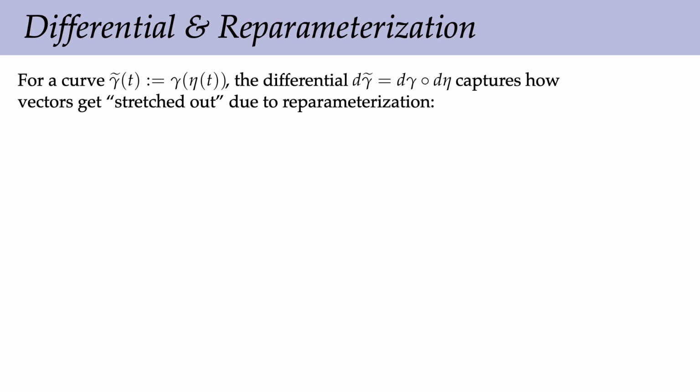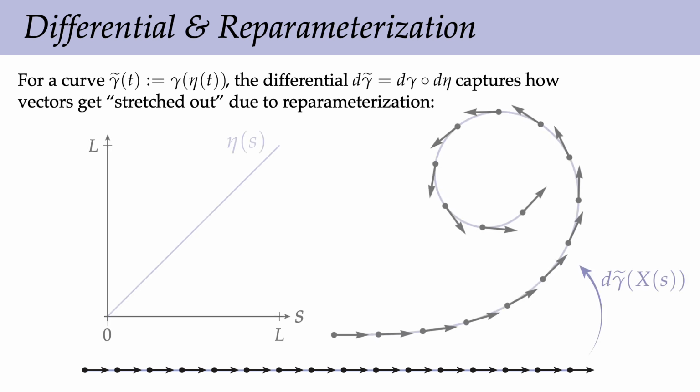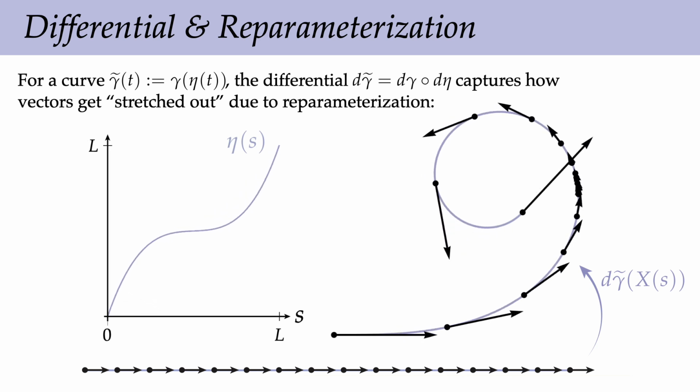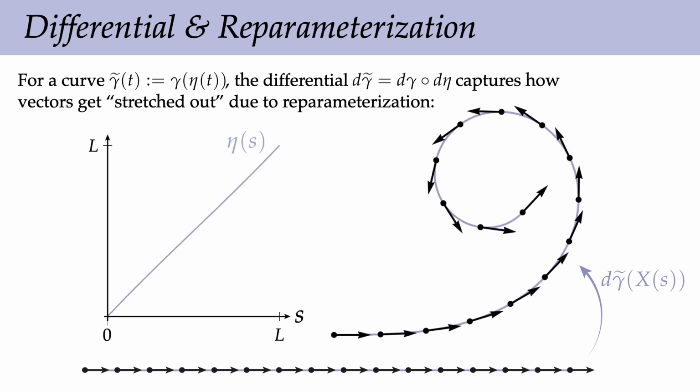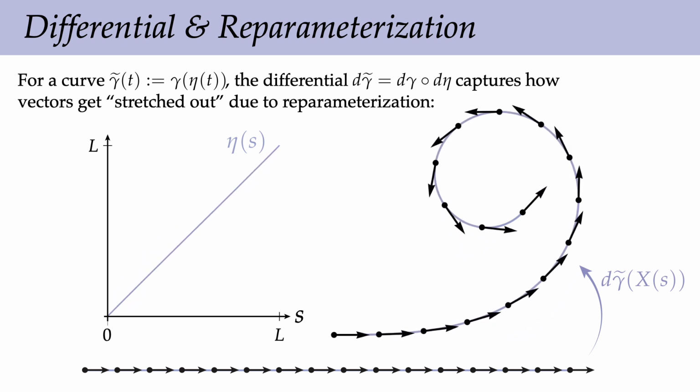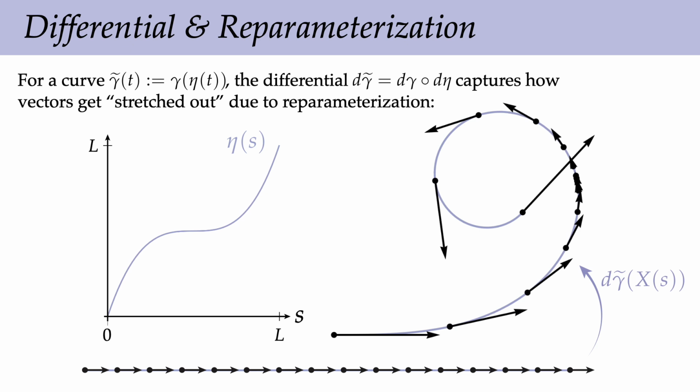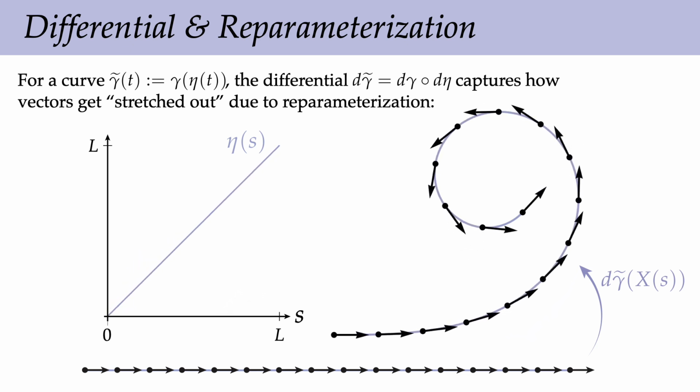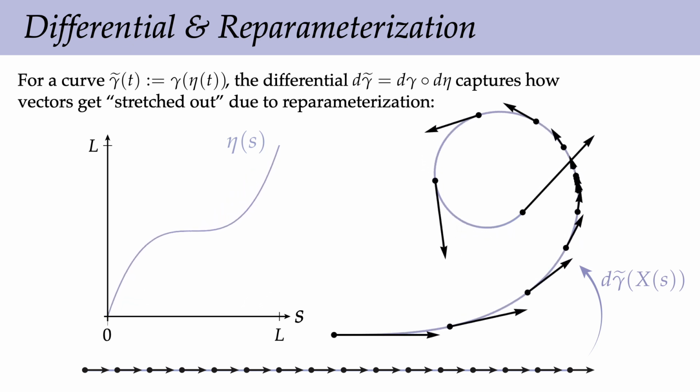That's a lot of language to say something that is visually quite intuitive. If I start with this interval over which the curve is defined, and I reparameterize, well, what I'm going to be doing is stretching out that interval different amounts in different locations, and then mapping it into space. A vector that starts out on the original interval is going to get stretched twice.